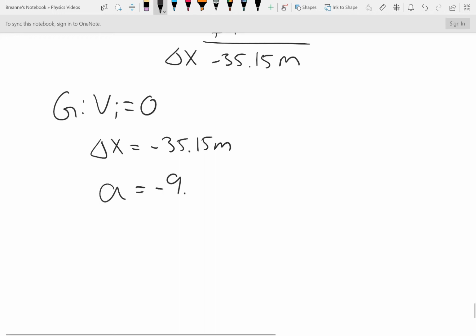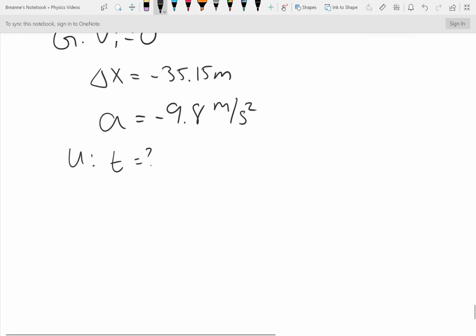Our acceleration is negative 9.8 meters per second squared. And we are looking for time. That's our unknown. Again, we are going to use our first equation. So delta x equals v_i t plus 1/2 a t squared.